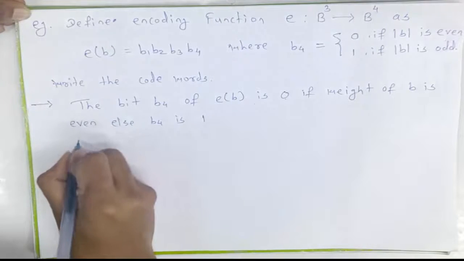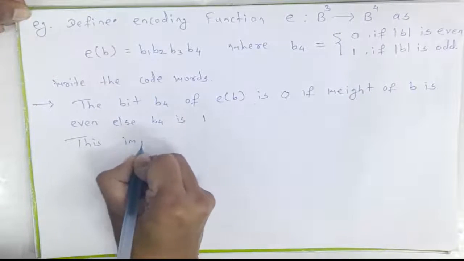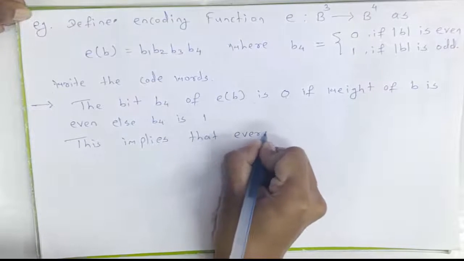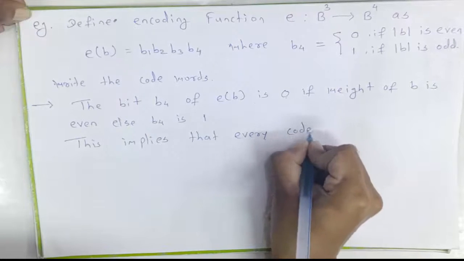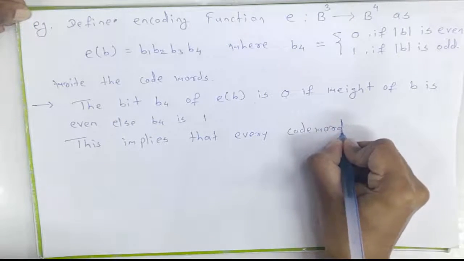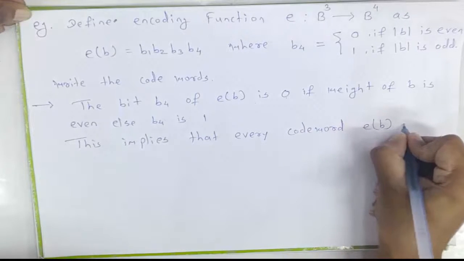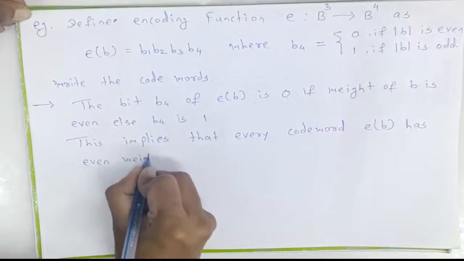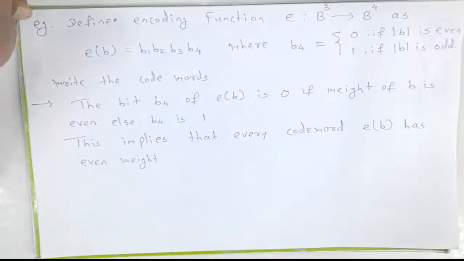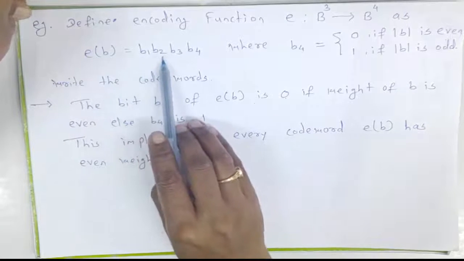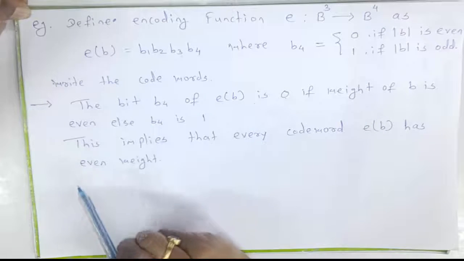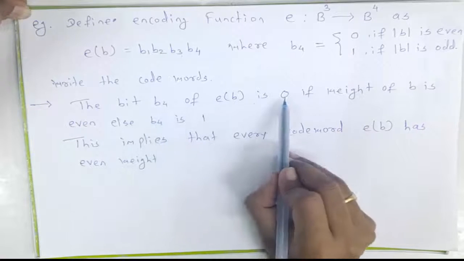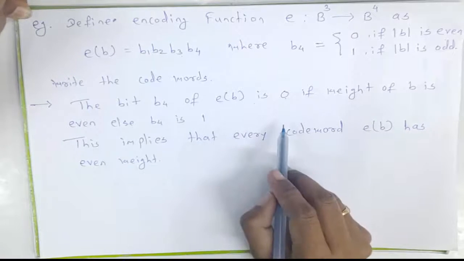Now this implies that every code word e of b has even weight. So see here b1, b2, b3 and b4. If the weight of b is even, then we add 0, so there is no change in weight.